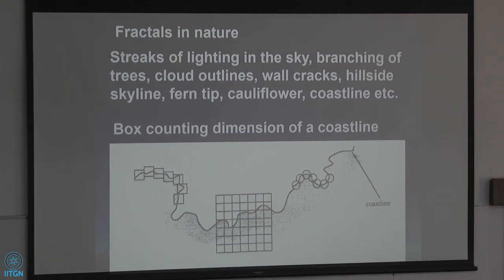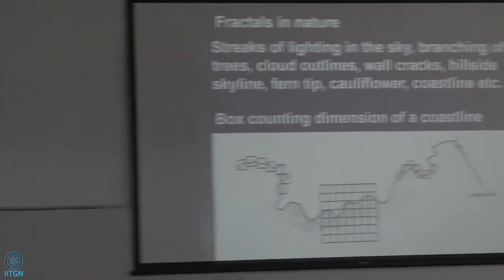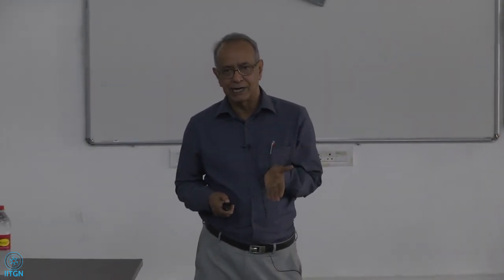Now, fractals in nature, as I said: the coastline of any country, what is its length? The question is wrong. Such a curve's length depends on what scale you have used. Have you taken a meter stick, or a 100 kilometer stick, or a millimeter stick? The answer will depend on that.